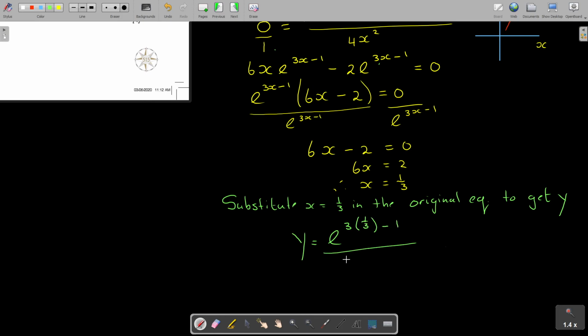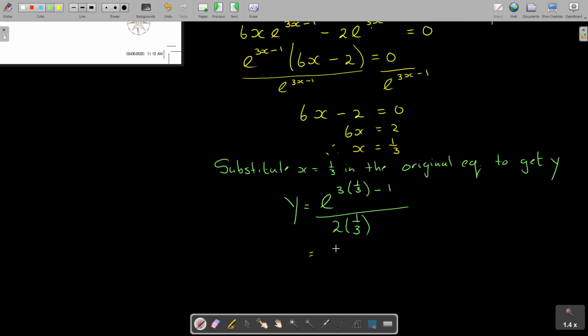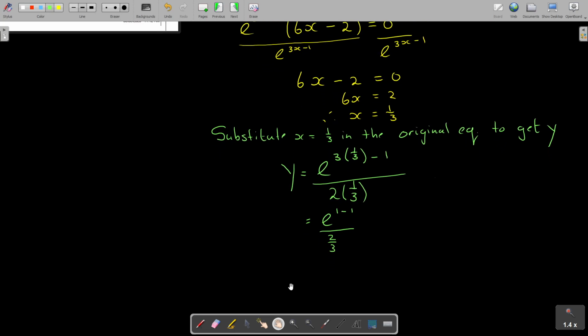So e^(3 times a third minus 1), over 2 times a third. And that is going to be e^(1 minus 1) over 2/3, and that's e to the power of 0, multiplied by 3 over 2, but that's 1. Do you agree? So it's 1 multiplied by 3 over 2, which is just 3 over 2. Okay, it's not 0. Remember, anything to the power of 0 is equal to 1.